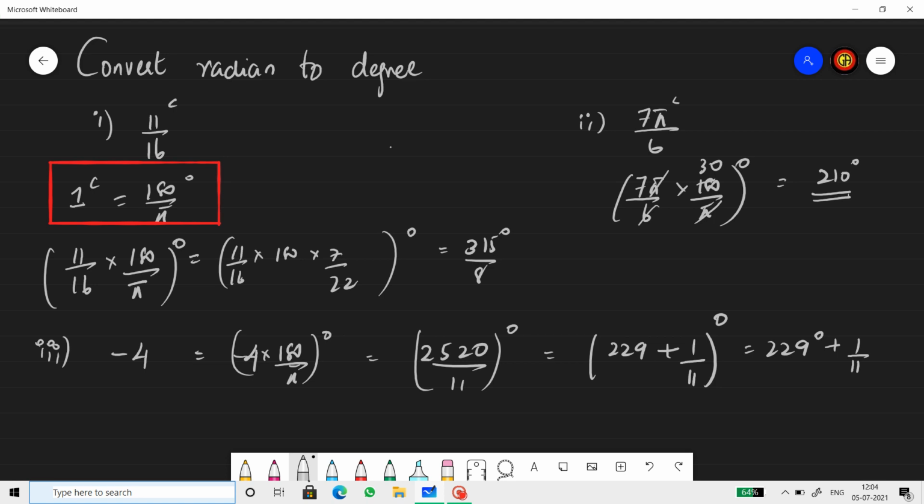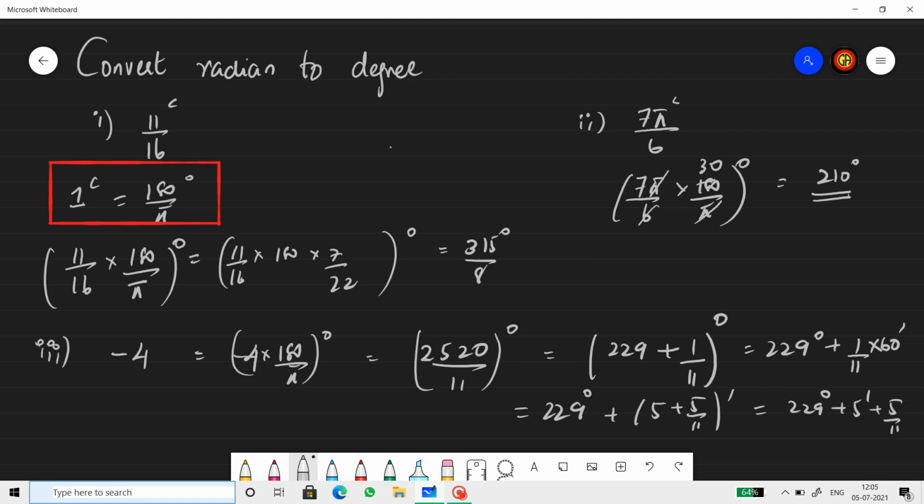I need to convert them into minutes, so I multiply by 60. So that gives me 229 degrees plus 60 by 11. If I further divide it, I get 5 and 5 by 11 minutes. So this becomes 229 degrees plus 5 minutes plus 5 by 11 minutes.